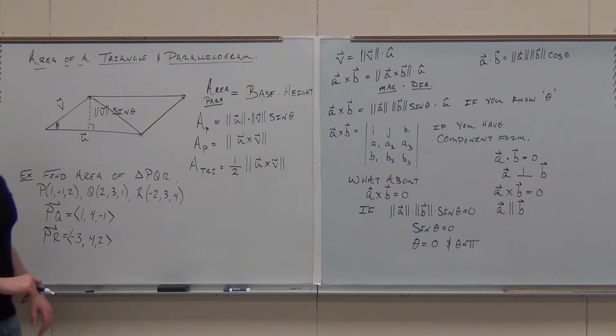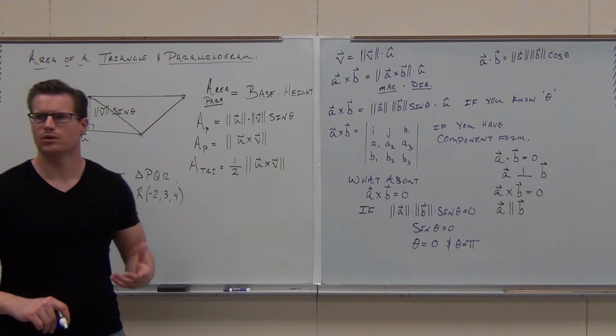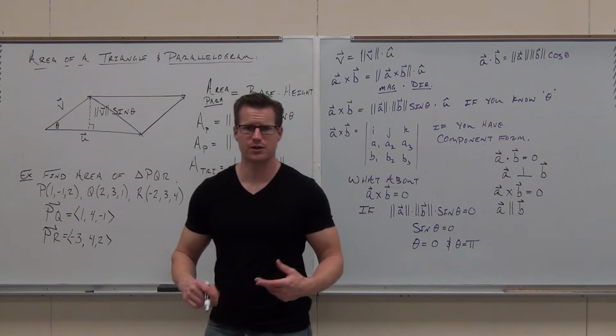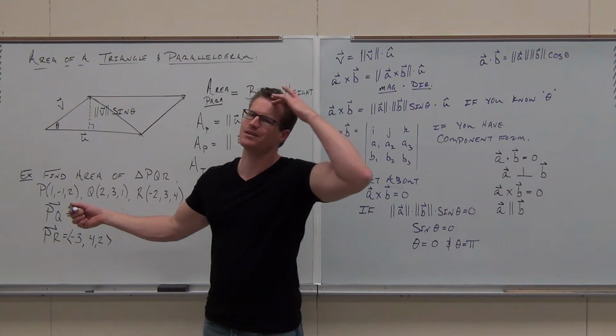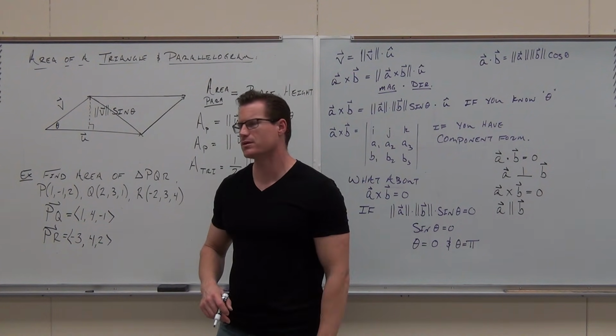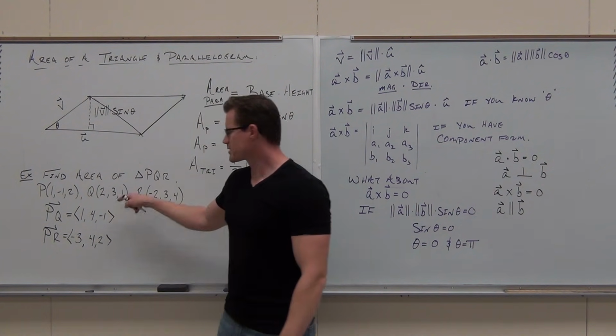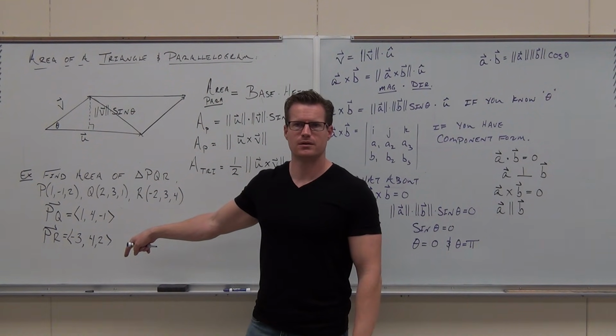Take some time when you do these, double check. It'd be the worst thing in the world to know how to do a cross product, to know what position vectors are, to get everything done, and then say, oh man, I put 1, it was -1, and you get the whole thing wrong. Don't do that to yourself. So take some time. Did you get the same thing that I got?